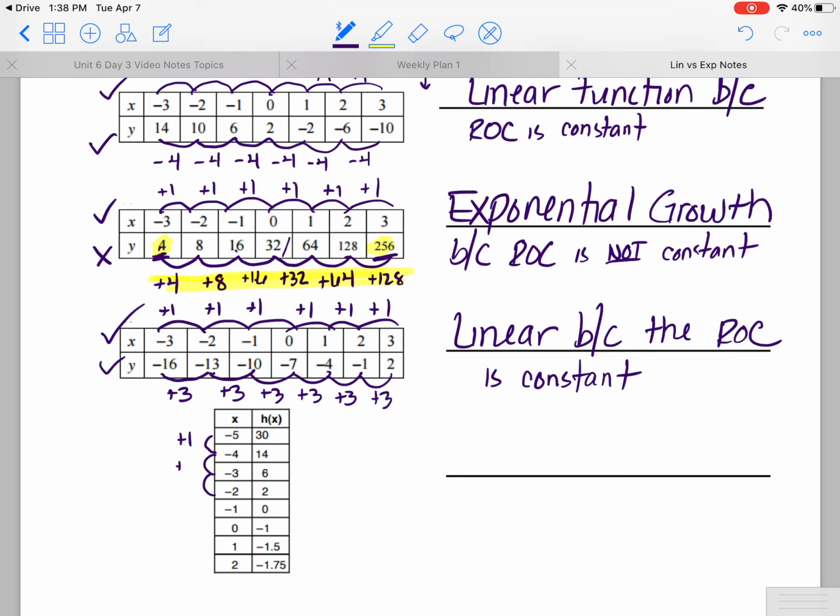All right, this one, the x values are going up by ones. Now this one is going to be a little bit different. It goes down by 16. This one goes down by 8.